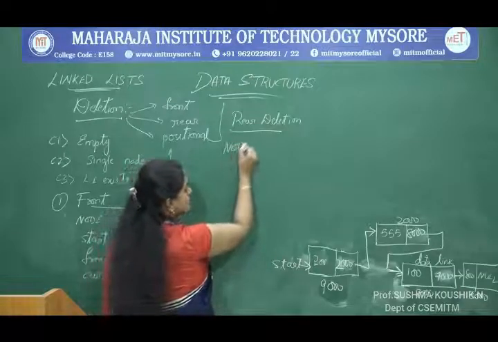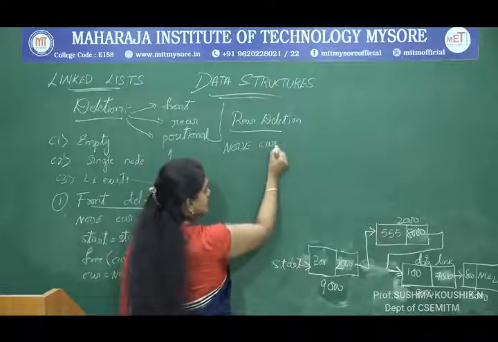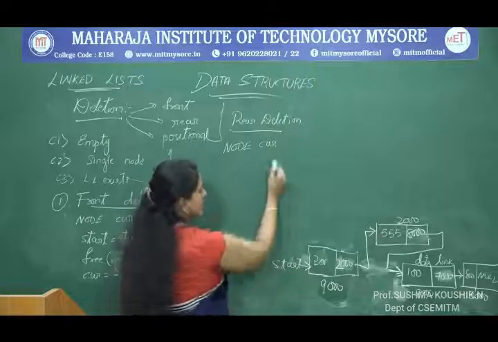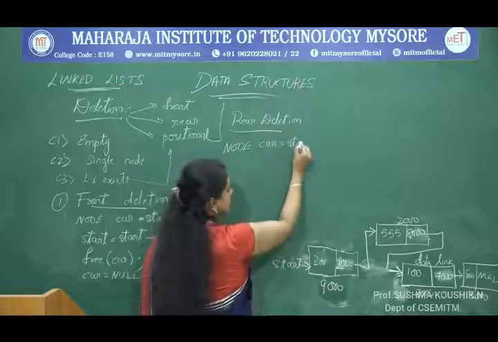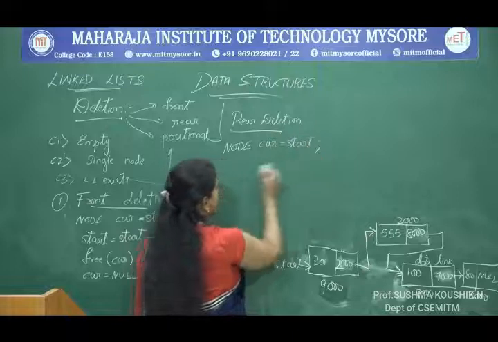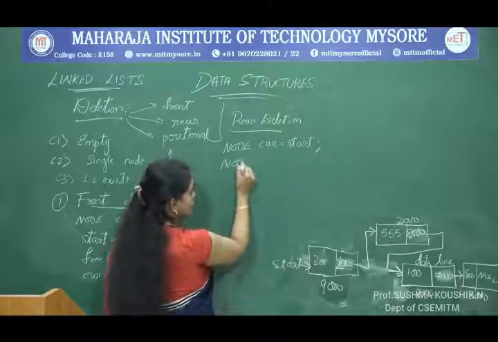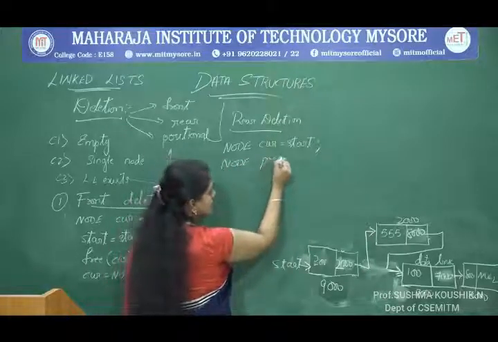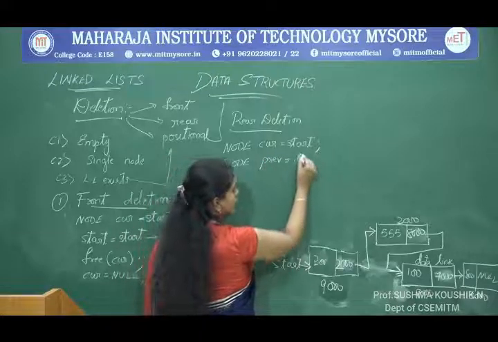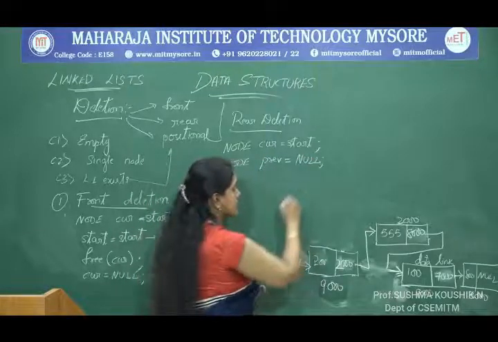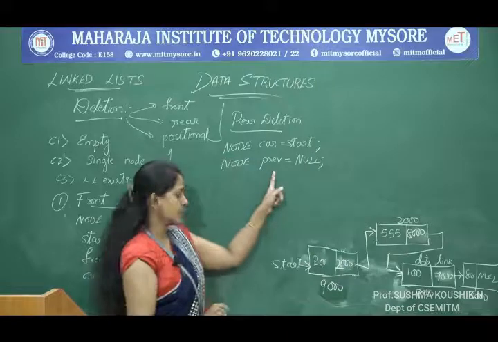So node current will obviously start with the start, and for now node previous will be pointing to null. I have not yet started the journey of the previous pointer.